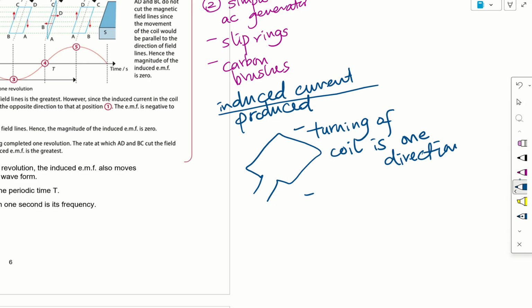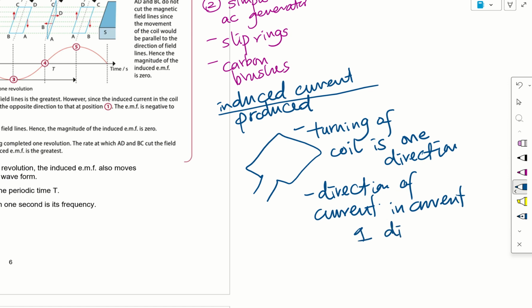And the direction of current in the coil is also in one direction. What do I mean? So when I am looking at the coil, let's say the current will be flowing in this direction.